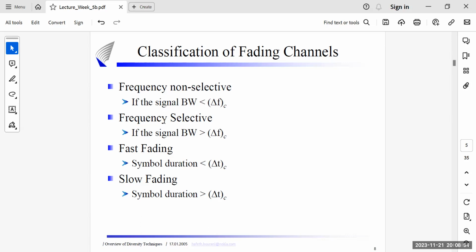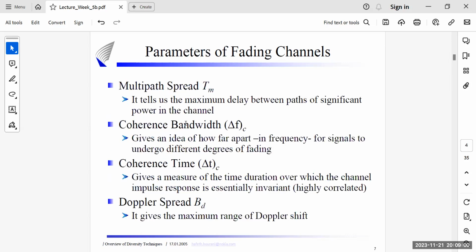At different frequencies, your signal is going to behave differently, because beyond the coherence bandwidth it behaves differently.